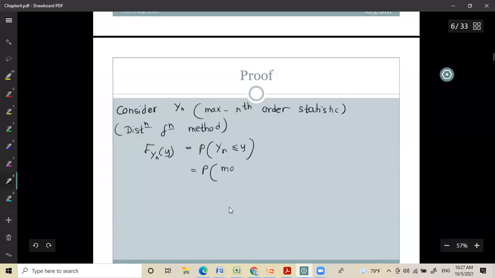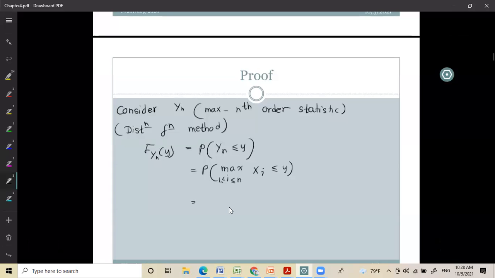So you can write Yn as the max of Xi, where i is from 1 to n. The max Xi less than or equal to y. So the maximum of Xi is less than or equal to y. What does that mean? If the largest number is less than a certain value, what about the rest of the values of Xi?